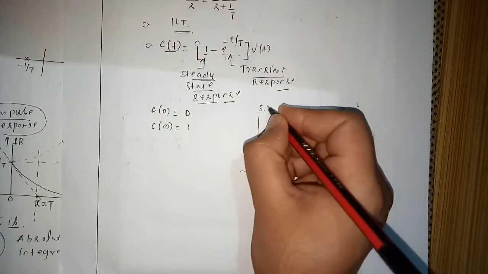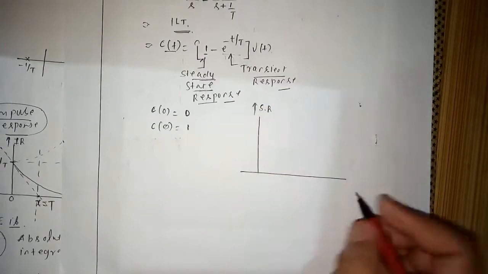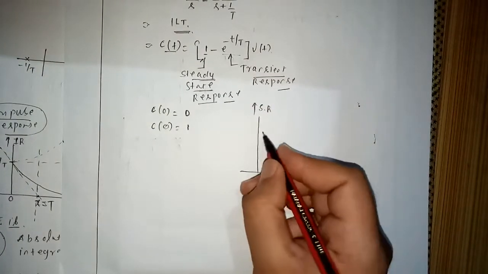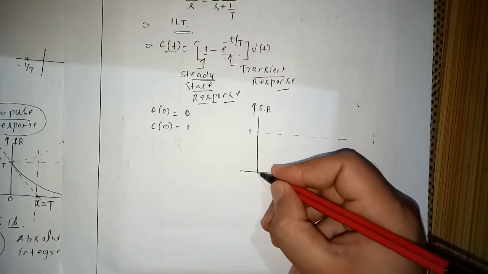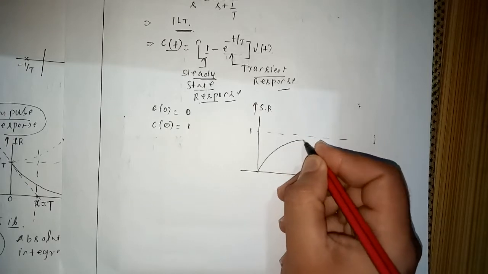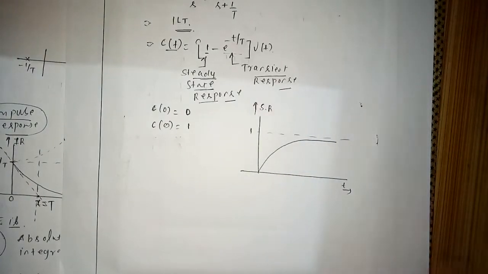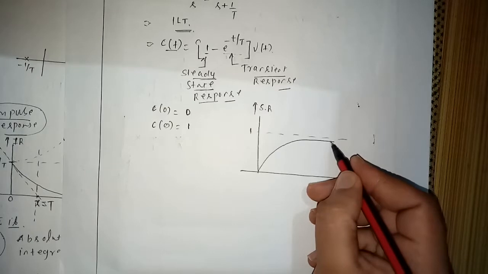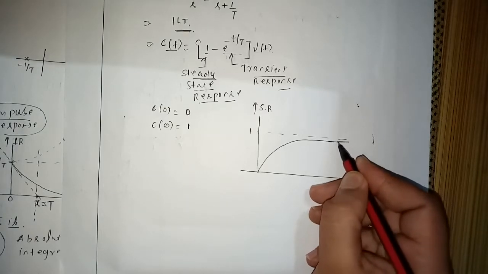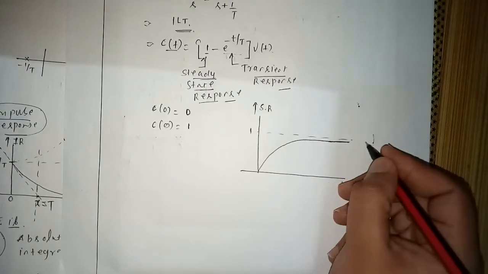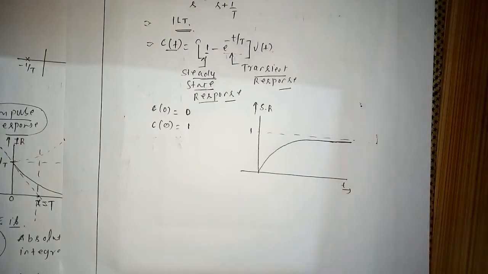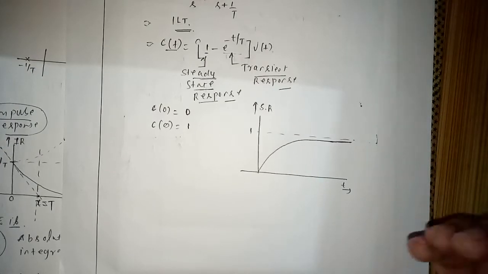How can I draw its characteristics? This is my step response, represented as s(t) with respect to time, final value going to be 1, right? And here it is going like this, and as t tends to infinity the transient goes to 0. But I cannot wait for infinite time for the system to reach its steady state value, so I have to tolerate some tolerance in the system, right?